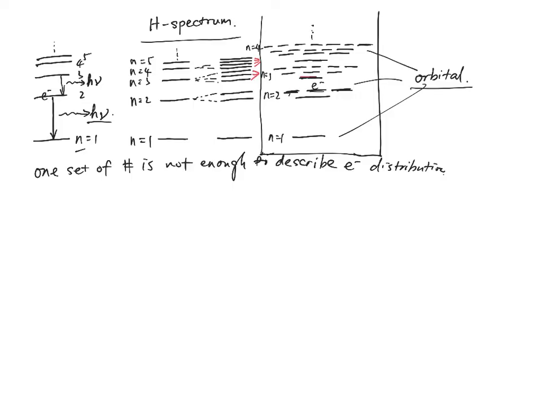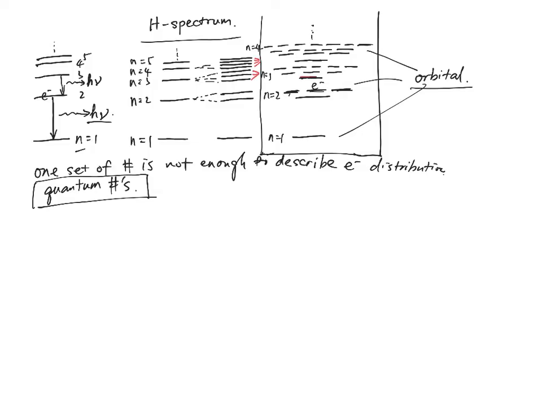Because these numbers are used to quantify, remember we said that the energy level within a given atom, for its electron, is quantized. These new number sets that we use to describe exactly where my electrons are, we call them quantum numbers.